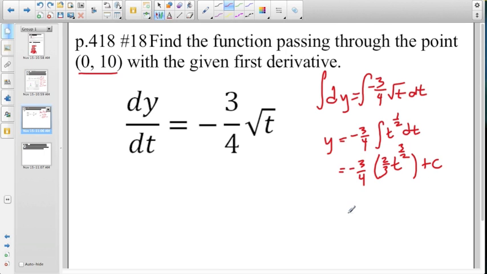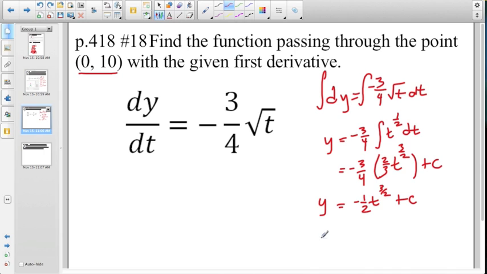and plus c. And so looking at multiplying two fractions here and simplifying, it looks like we have -1/2 t to the 3/2 plus c. There's our general solution, and to find the particular solution, we're looking at this initial condition.